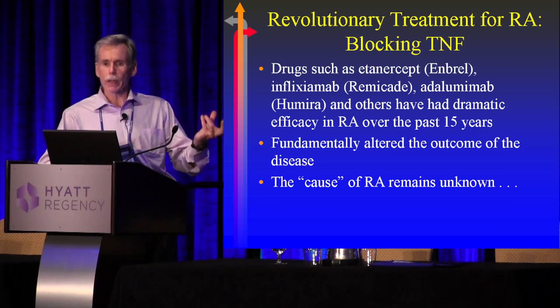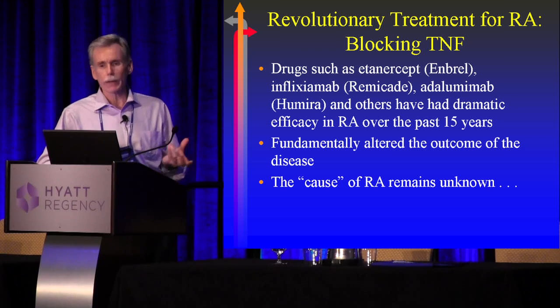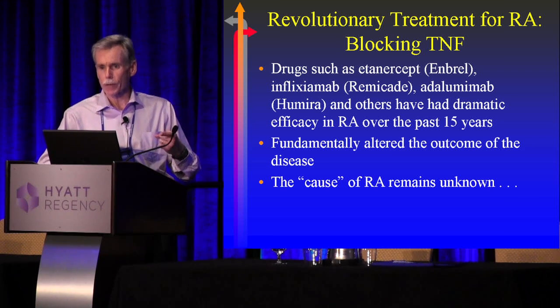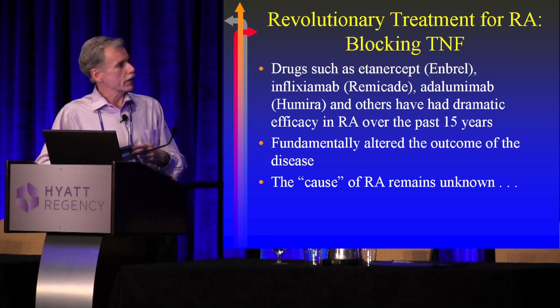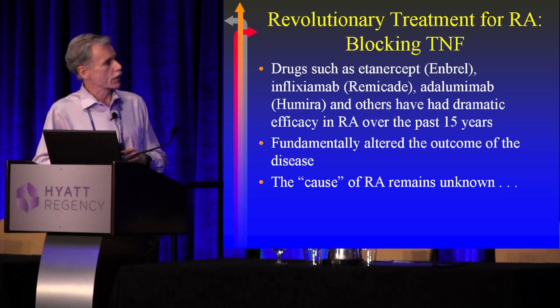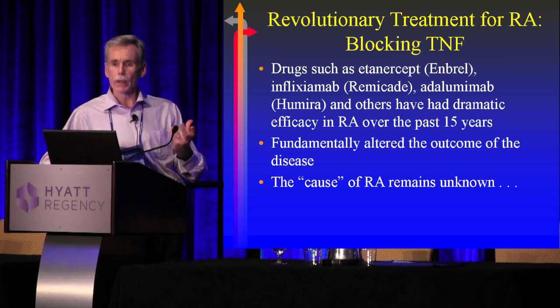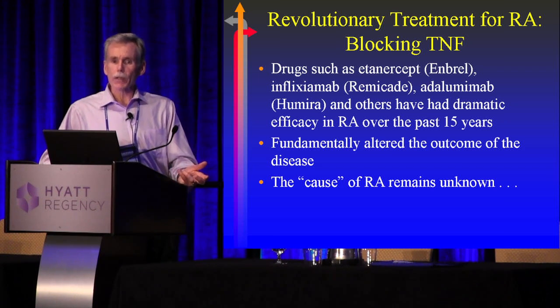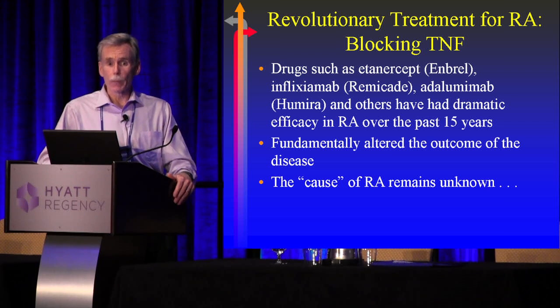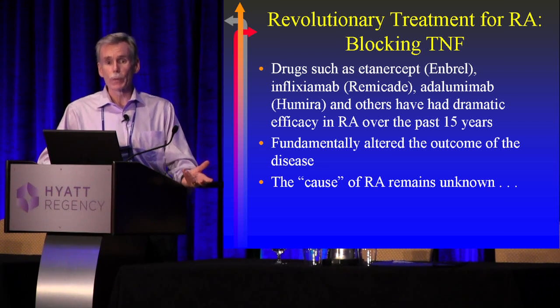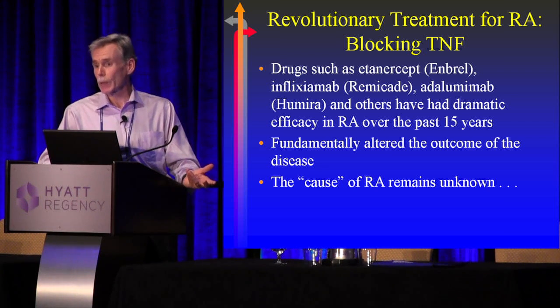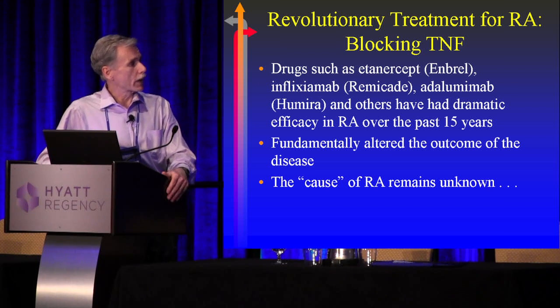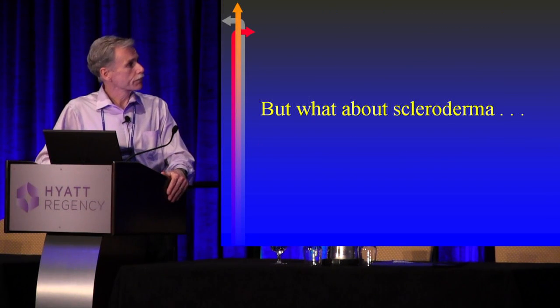We understand the molecular events, or at least a good part of them, that lead to the perpetuation of the disease. We have that knowledge increasingly in scleroderma too, but we still don't know what triggers it, and it may be that that doesn't matter. We don't know what virus causes rheumatoid arthritis in genetically susceptible people, but it may not matter.